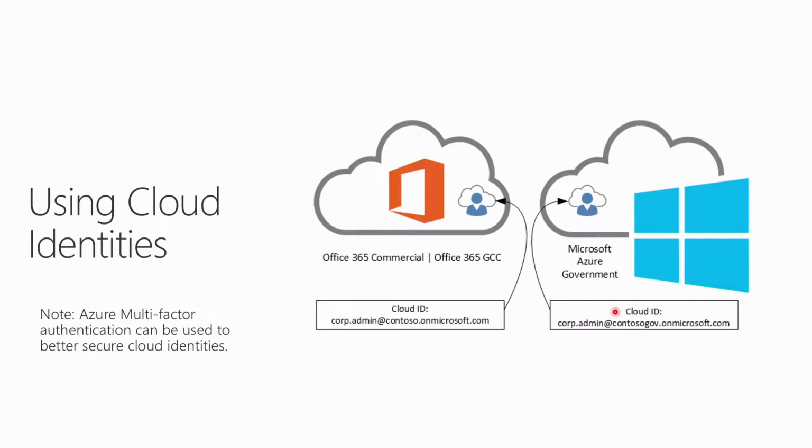The first scenario, kind of the default scenario, because you have a cloud identity once you first get a tenant, is that you can certainly manage your Azure subscriptions or your Office subscriptions using the default provided cloud identity there.